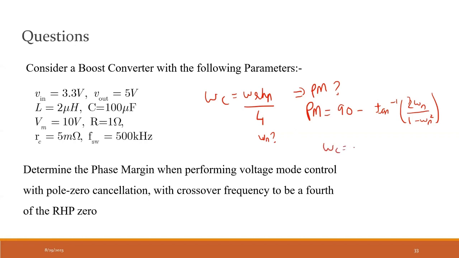So omega C is 0.25 omega RHP. So what is the phase margin you're getting? Do you have a calculator with you?